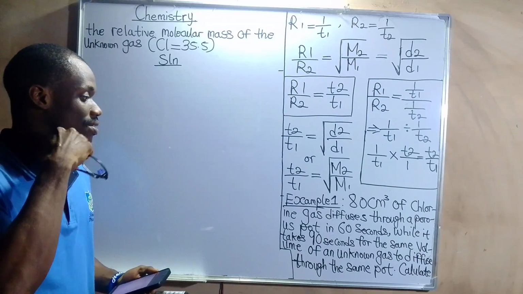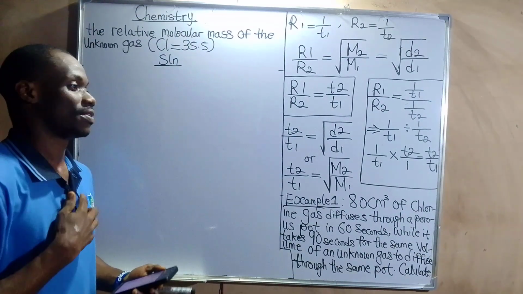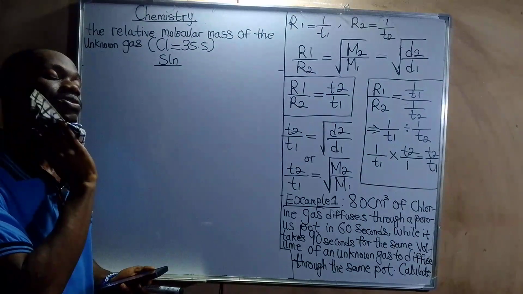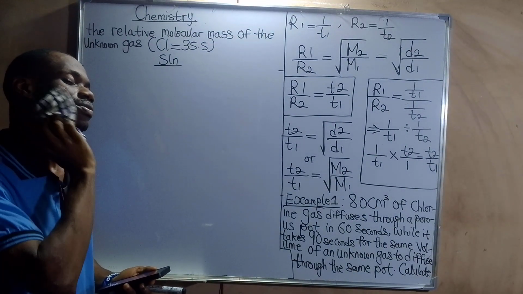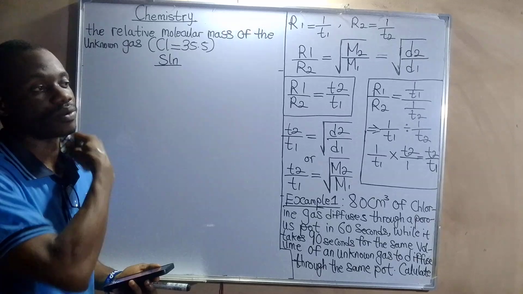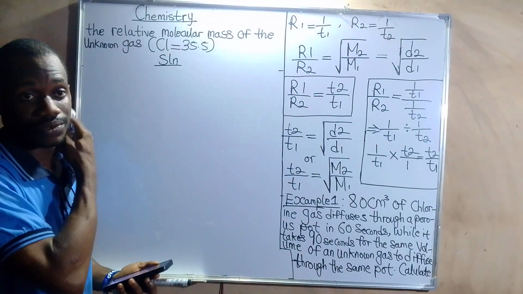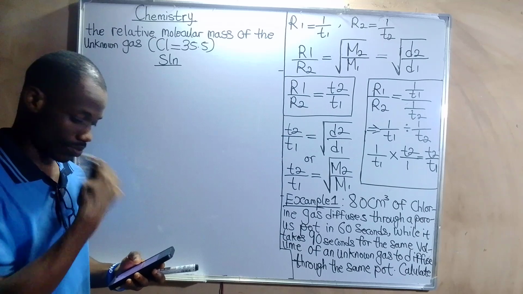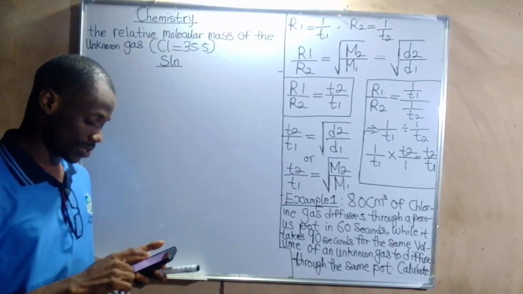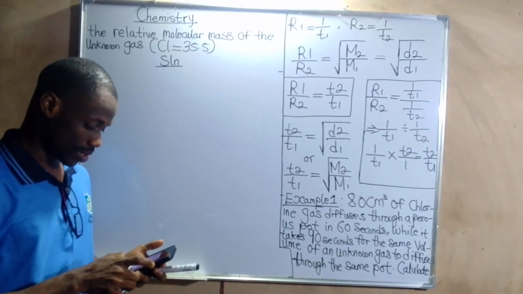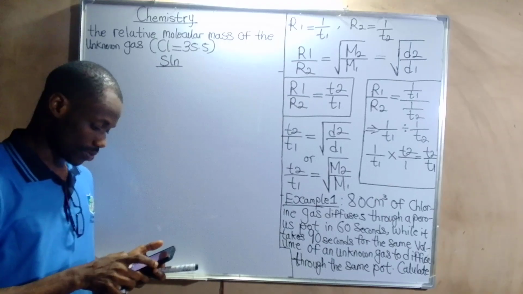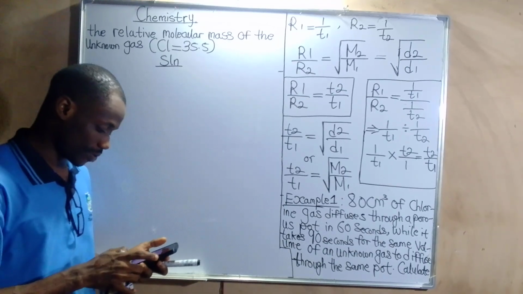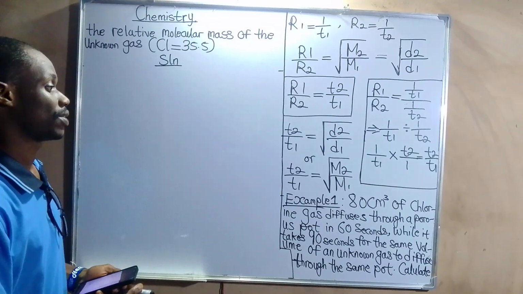To solve this, we are going to apply the formula for the given question, which is the topic we are looking at, Graham's law of diffusion of gases, which is our topic in this chemistry.